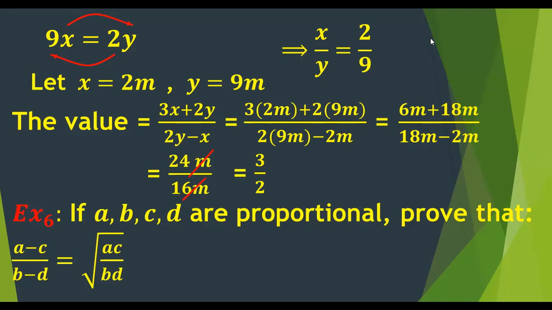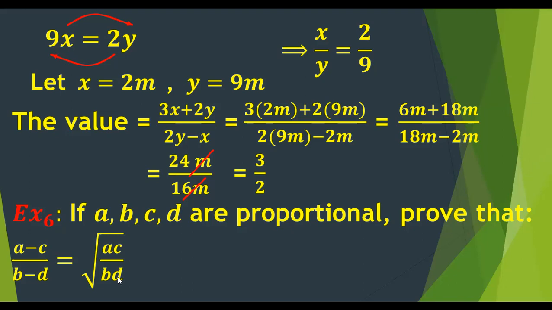If A, B, C and D are proportional, prove that (A minus C) divided by (B minus D) equals root of AC divided by BD.